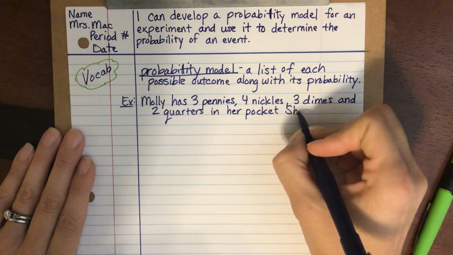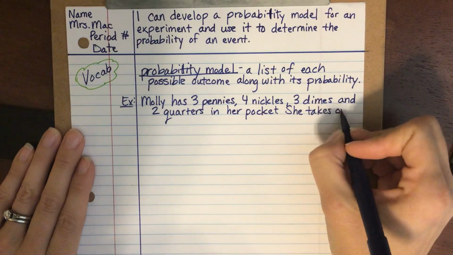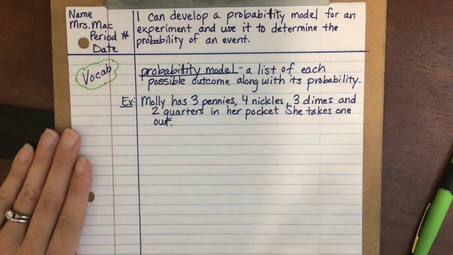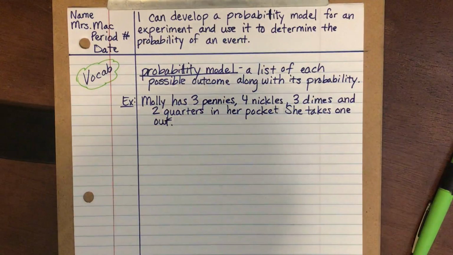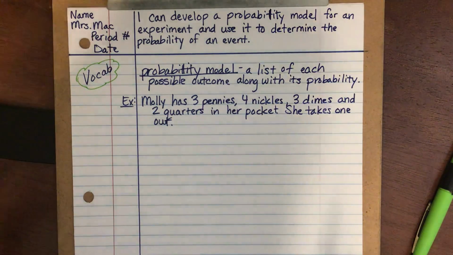She takes one out. Okay, so what we're going to do is set up a probability model for this, and we're going to be listing out the probability of her pulling a penny, a nickel, a dime, and a quarter.